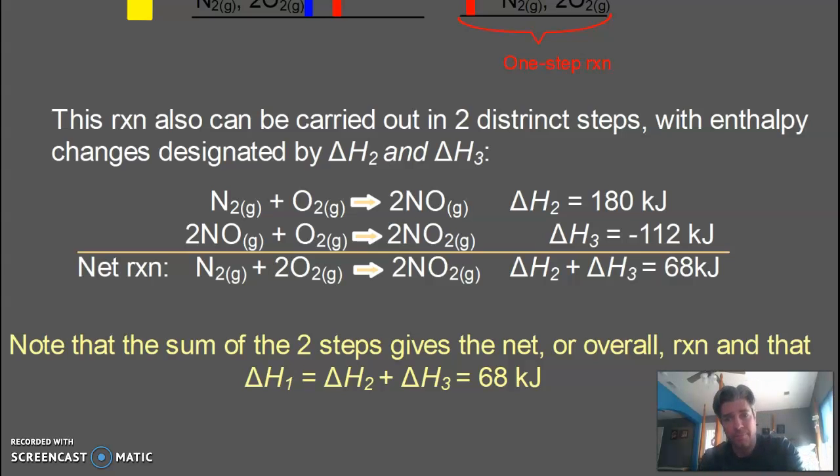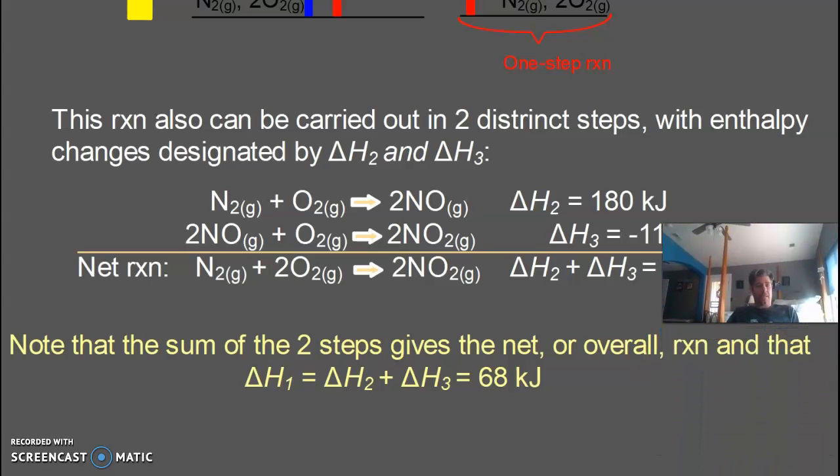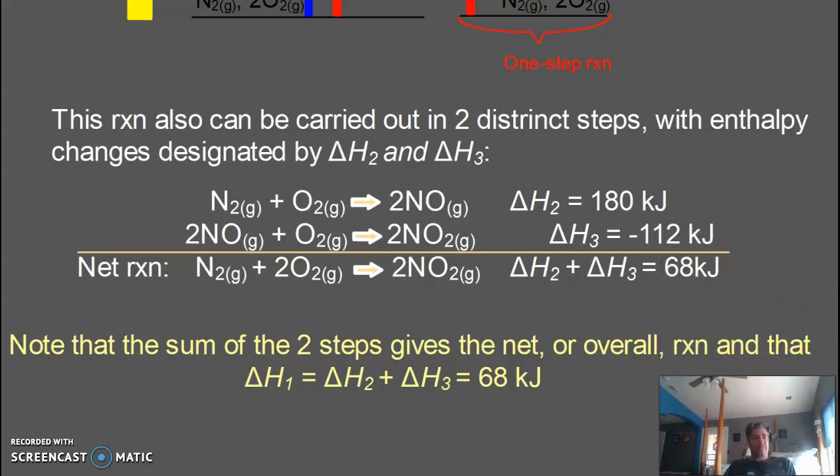So our signs here, if you notice, if we took the 2 moles of diatomic nitrogen gas, 1 mole, plus the 1 mole. If you notice, on both sides they have nitrogen monoxide, 2 moles, right?